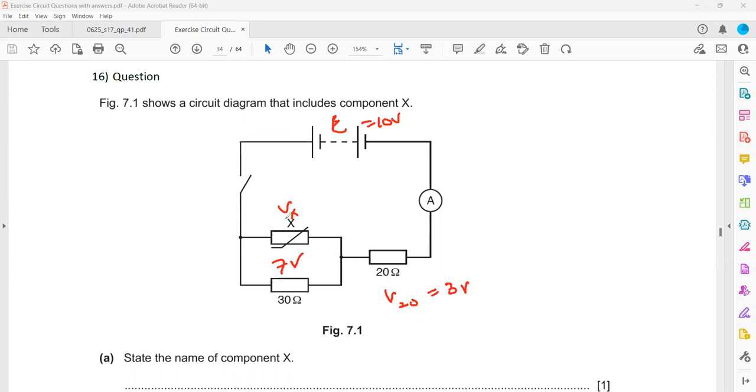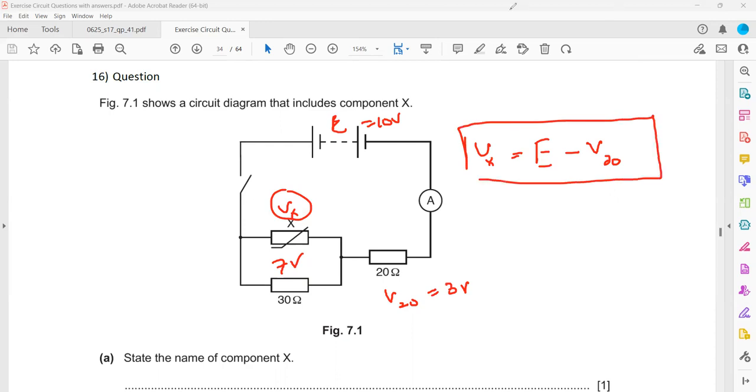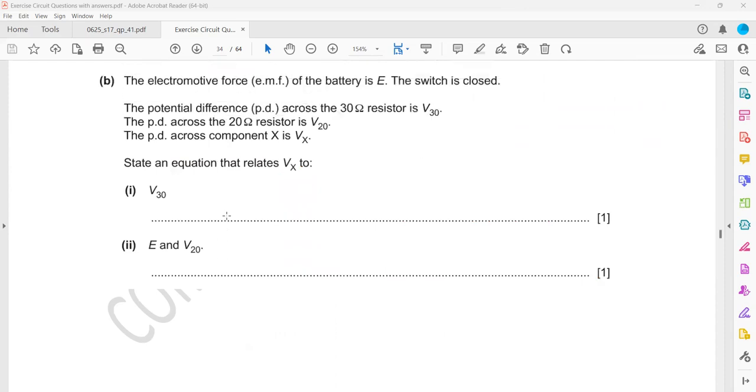So how can we relate Vx with E and V20? We can say the EMF, the total voltage, minus the voltage across the 20 ohm resistor will give us the voltage across X. So Vx is equal to the total minus the voltage across 20.